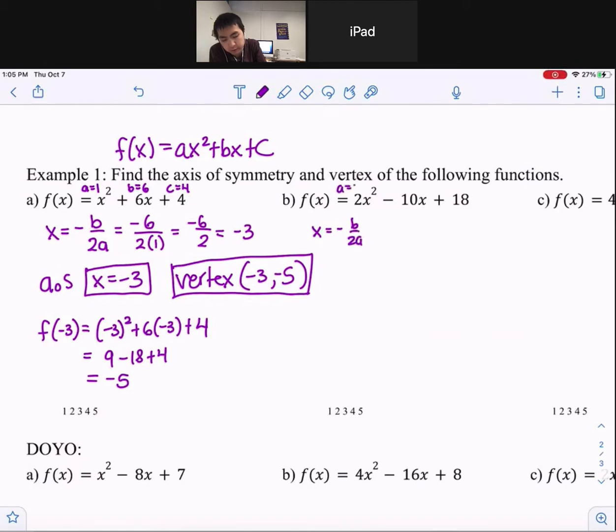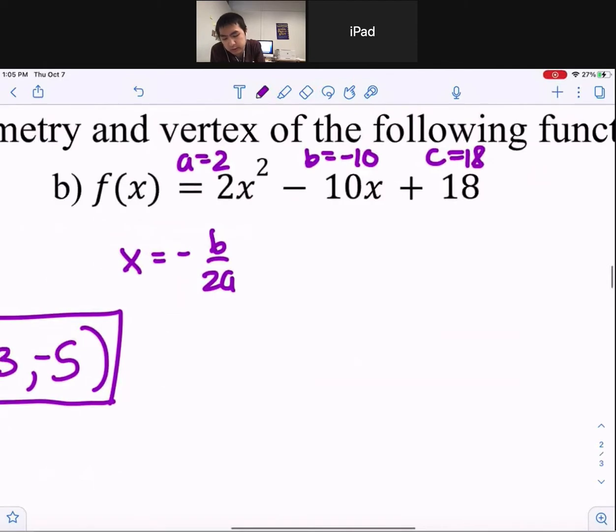Your A value is 2. Your B is negative 10. And your C value is 18. Now, this is the thing you should notice. Do you see how your B value is negative 10? And do you see how the formula already has a negative sign?